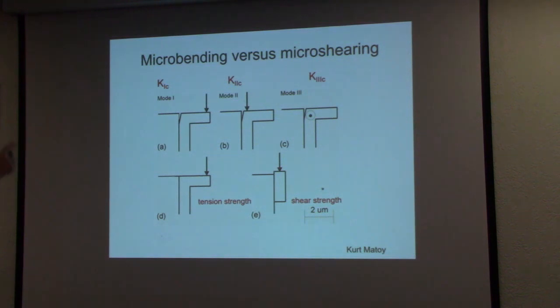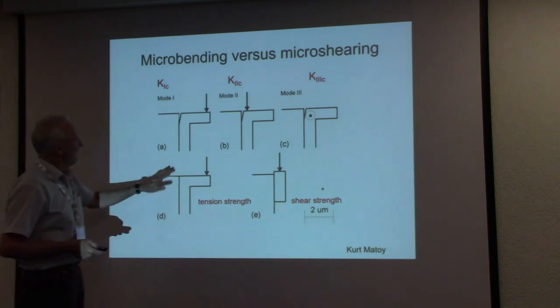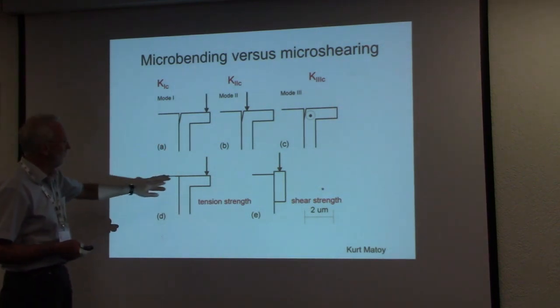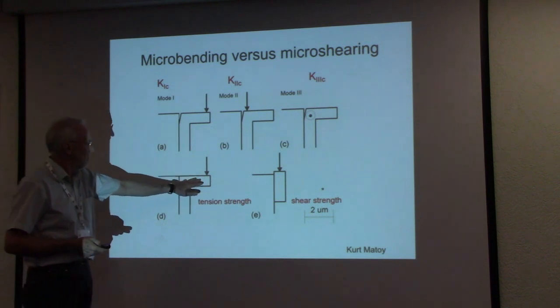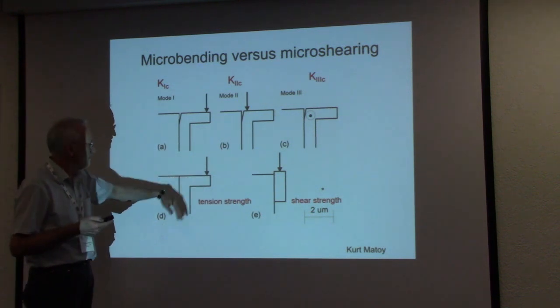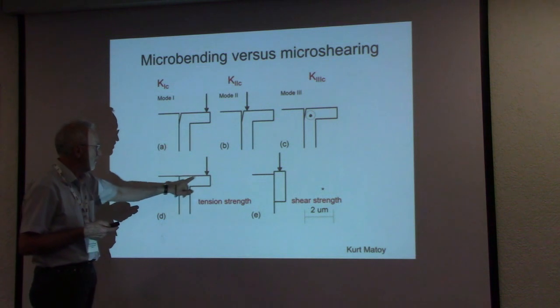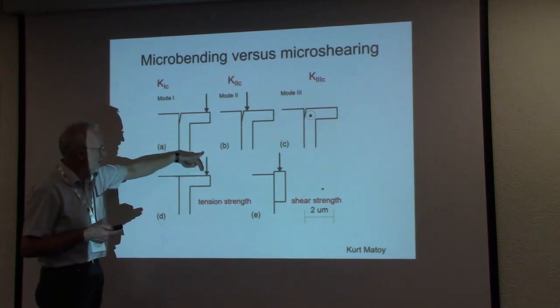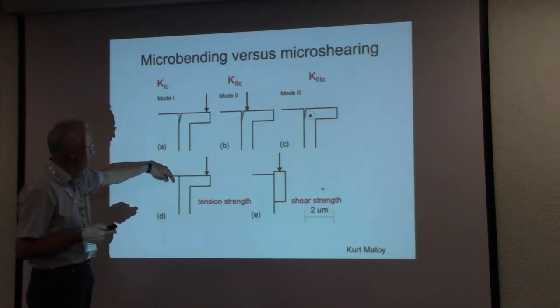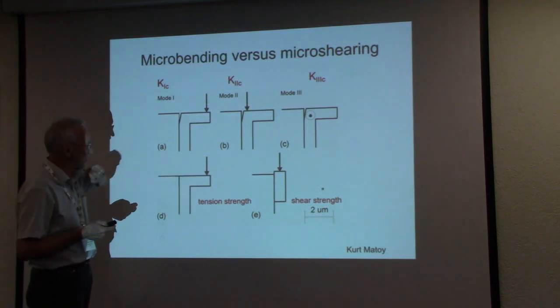Here you see again similar microsamples for testing. The advantage of such things, as you have seen before, is that, yesterday I showed you such an example, when we load such a beam, we can measure the strength where decohesion takes place.